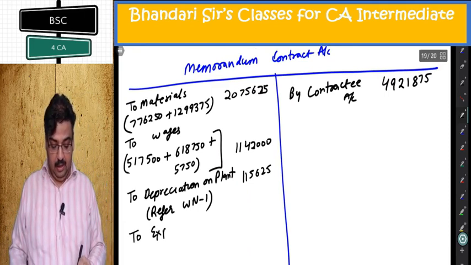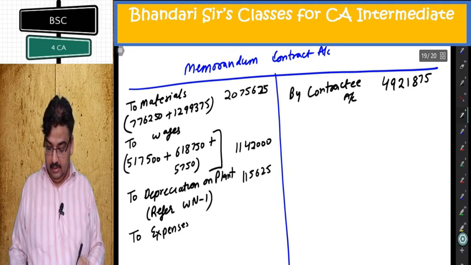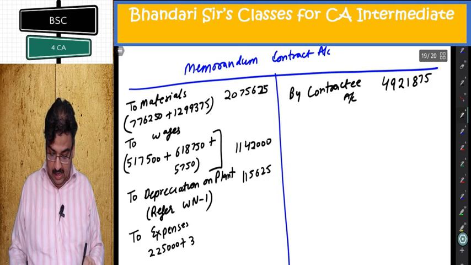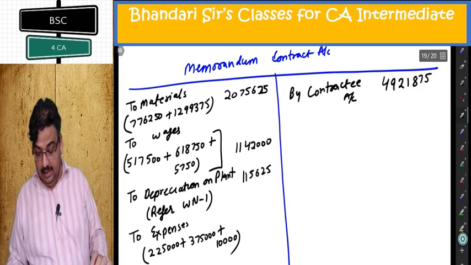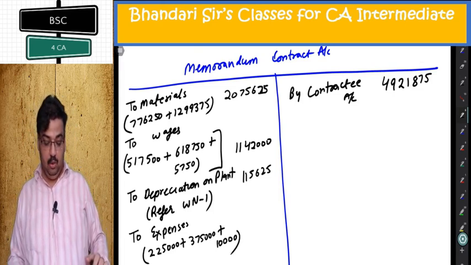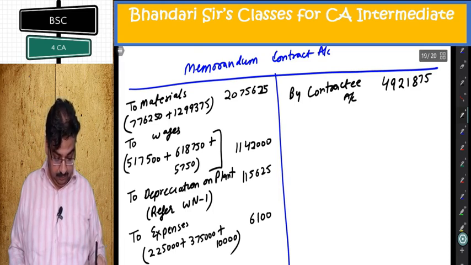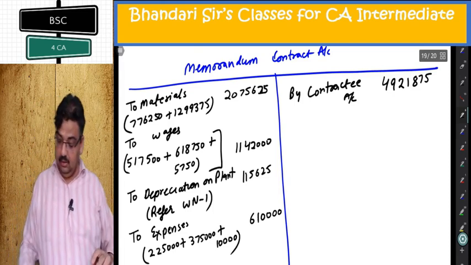I should not forget expenses. Two expenses: 2,25,000 plus 3,75,000 plus extreme end 10,000 outstanding. Intermediate outstanding prepaid, they are to be ignored. This I get is 6,10,000.